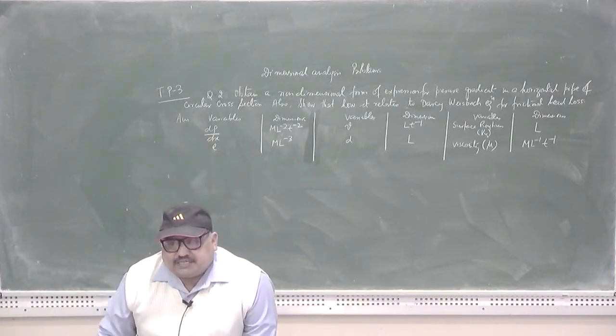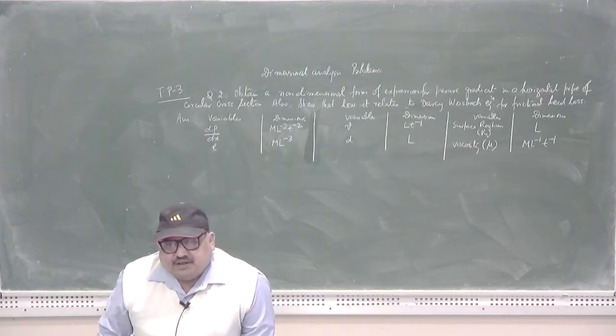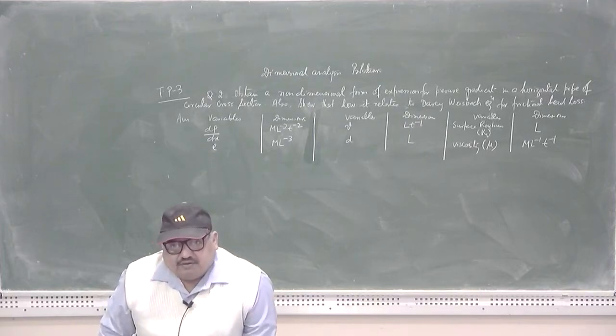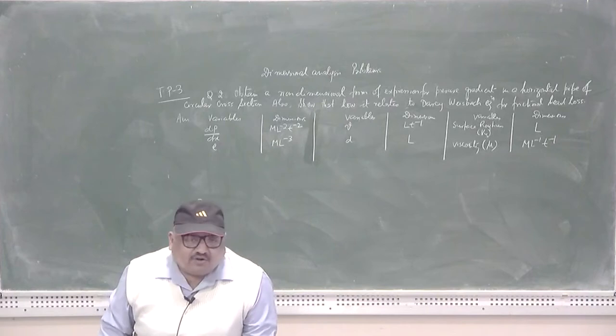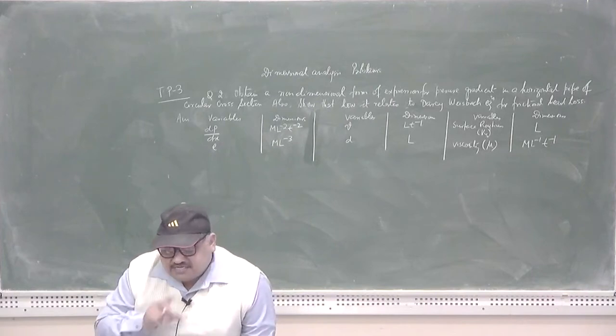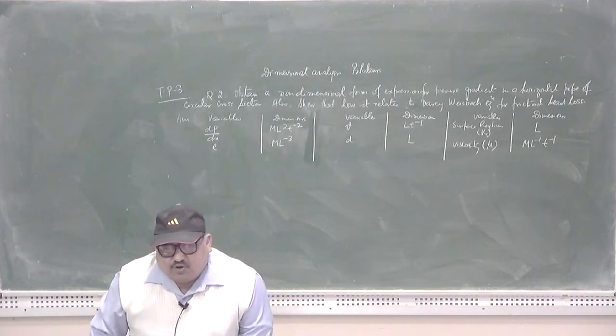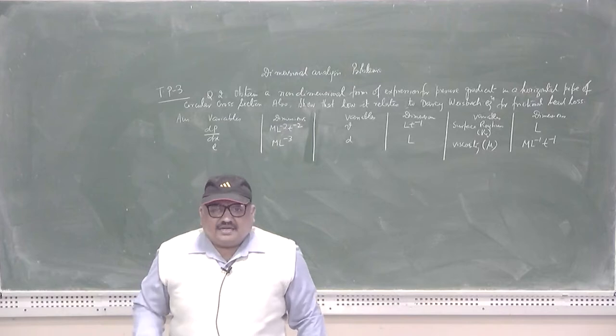So, in order to adjust this change in the velocity, the change in the pressure is also there, and correspondingly the head loss will also change. Such type of phenomena is what is known as the Darcy phenomena.